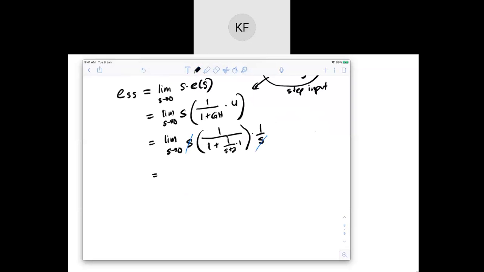So I have 1 over 1 plus 1 over S plus 2, and S is equal to 0.